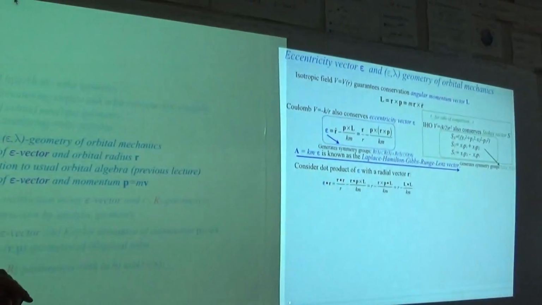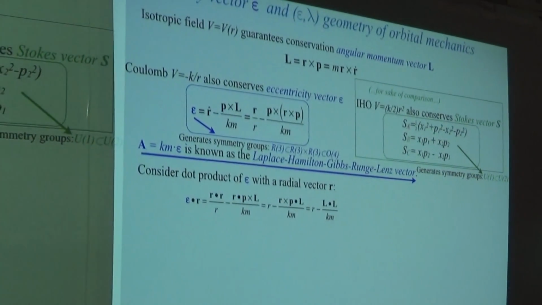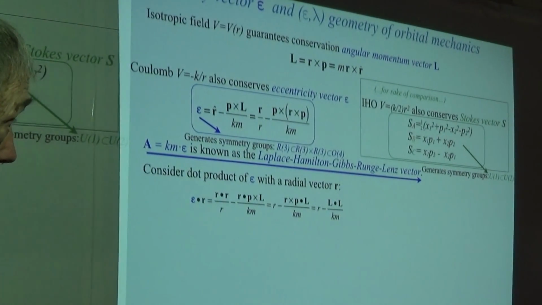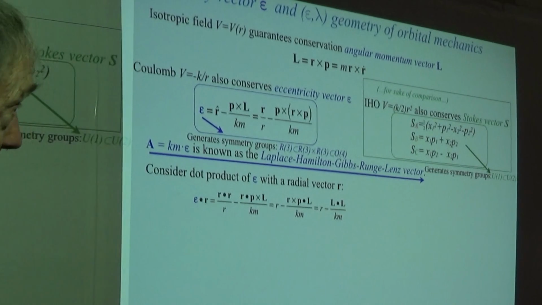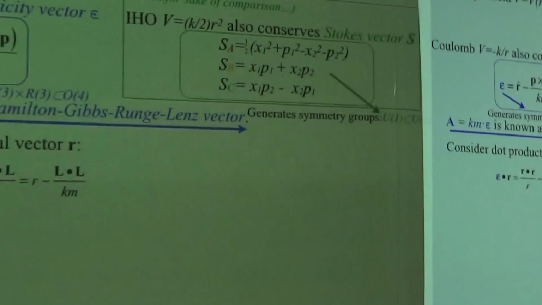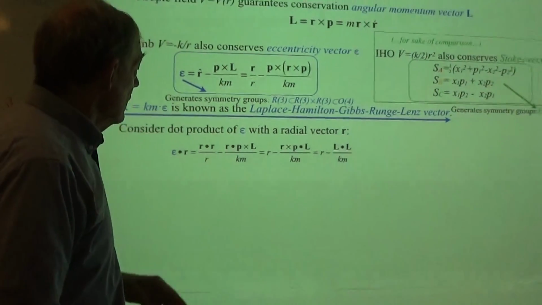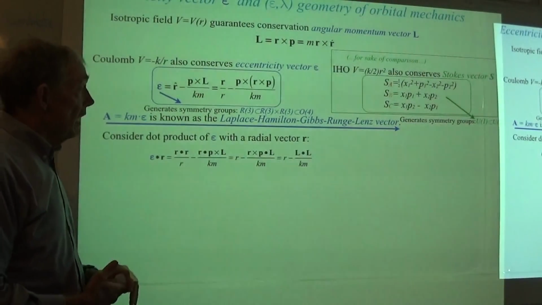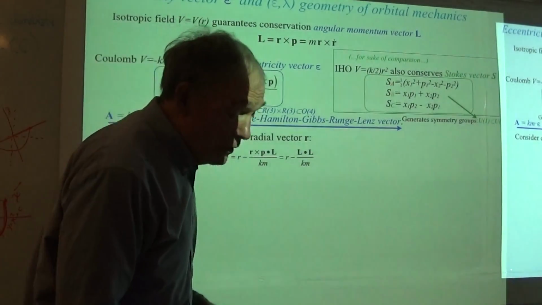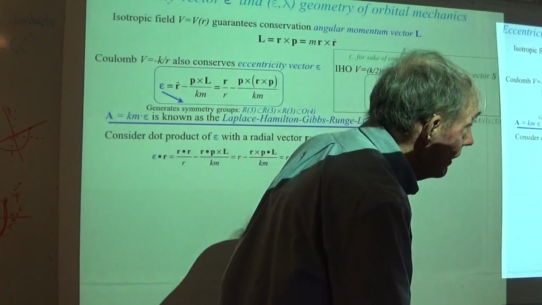And here's the proof of it. Here's what shows that, given what we did the other day, which was build an orbit equation out of R, this thing gives you that equation by simply considering the dot product of it with the radius vector. So there's epsilon dot r. Now I found it amusing to also consider the dot product with momentum.